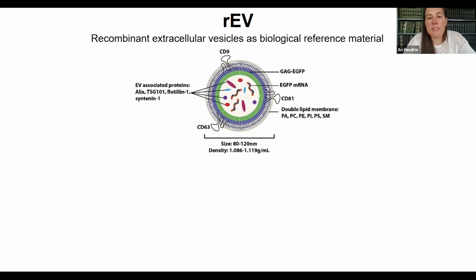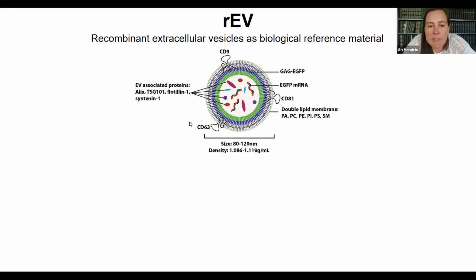So we have demonstrated that those recombinant extracellular vesicles, first of all, highly express the GAG protein that is fused to the EGFP fluorescent protein, which results in highly fluorescent extracellular vesicles. Furthermore, we demonstrate that they resemble endogenous extracellular vesicles at the lipid level, but also at the protein level.